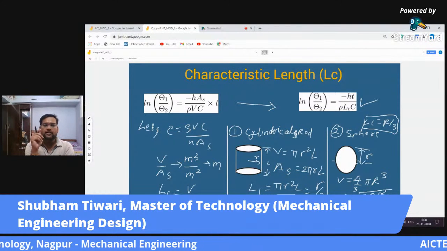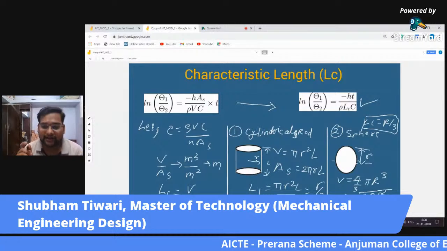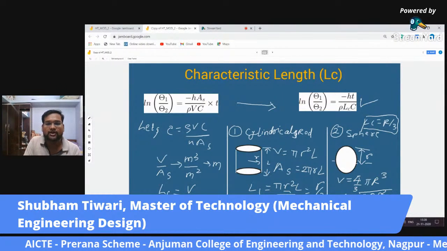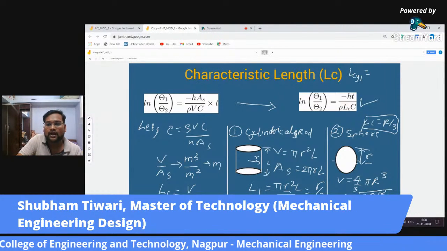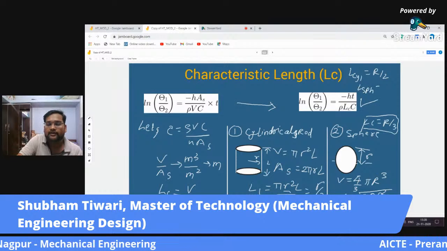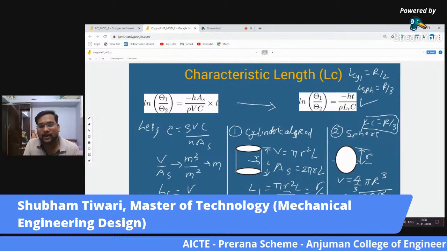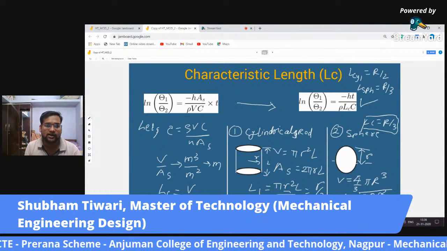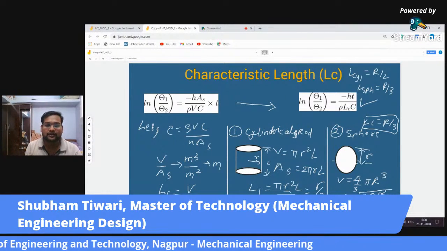So what we will do instead is find out the LC for cylinder and sphere. Just remember this value: for cylinder, it is r by 2, and for sphere, it is r by 3. This is going to be very crucial for saving your time, and such tricks are extremely important for solving problems in very less time.